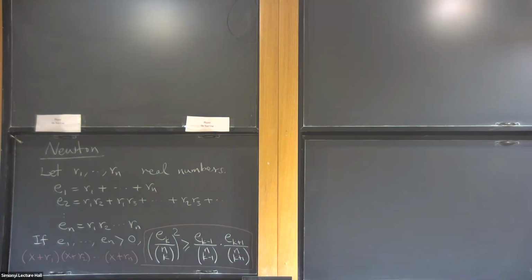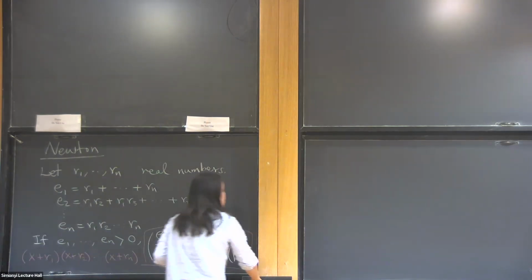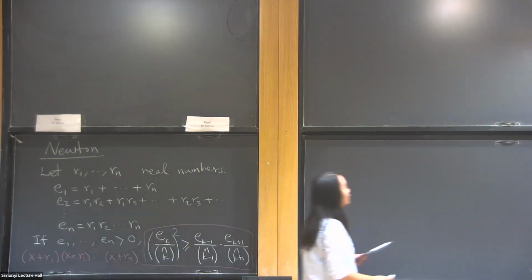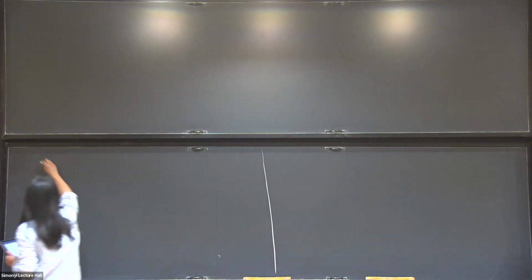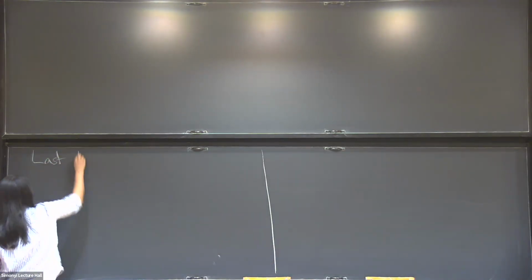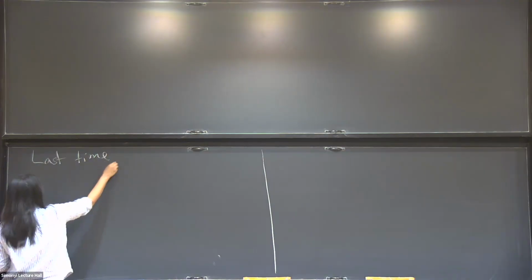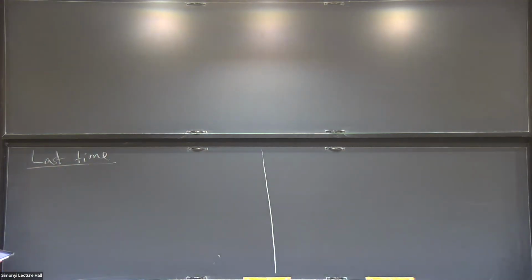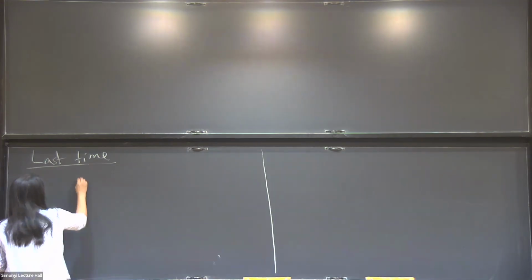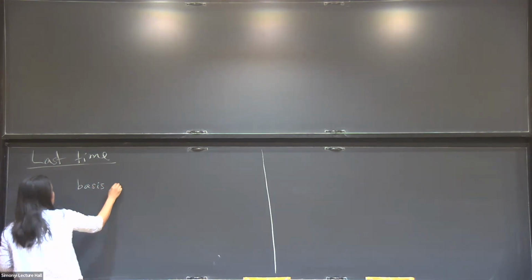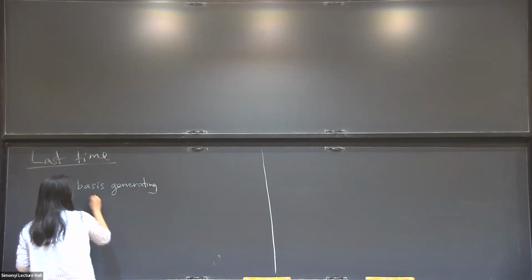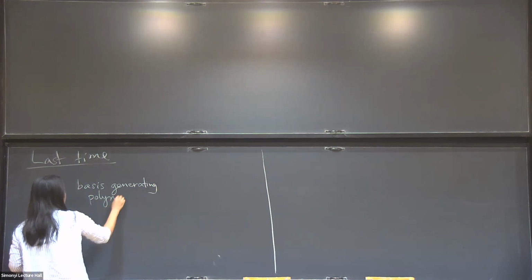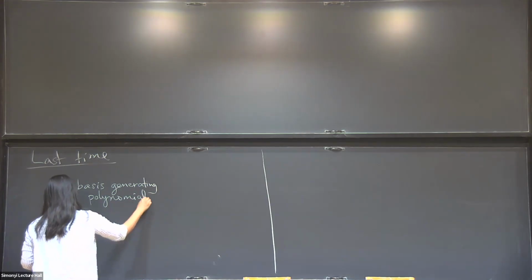So let me recap what we did last time. I heard that some people may have gotten a little lost at the end, so let me recap a bit. Last time we introduced matroids and basis generating polynomials of a matroid.